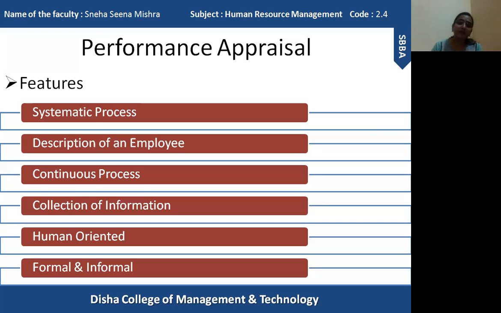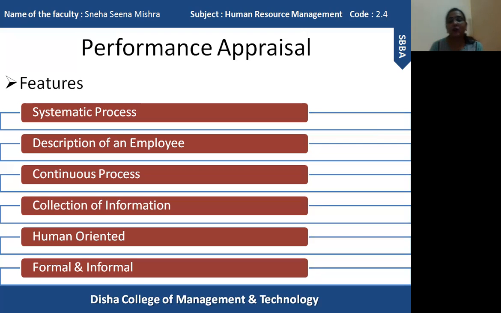Okay, the next one is collection of information. Like I said, it collects detailed information regarding an employee's performance on his or her job so that future decisions related to the employees, or we can say decisions related to the employee's future within the organization, can be properly taken.